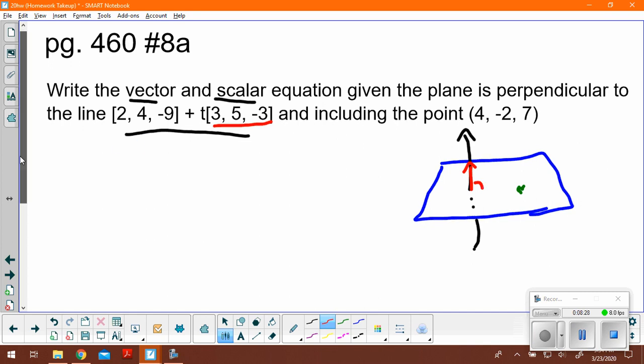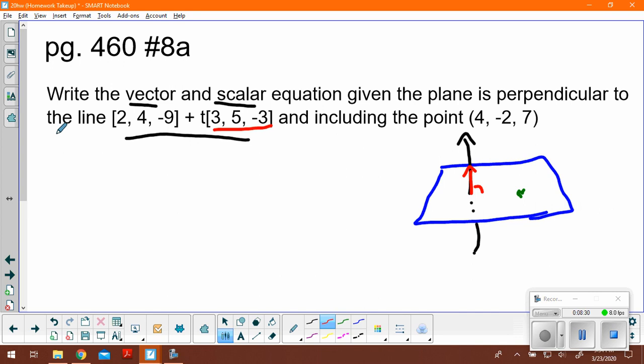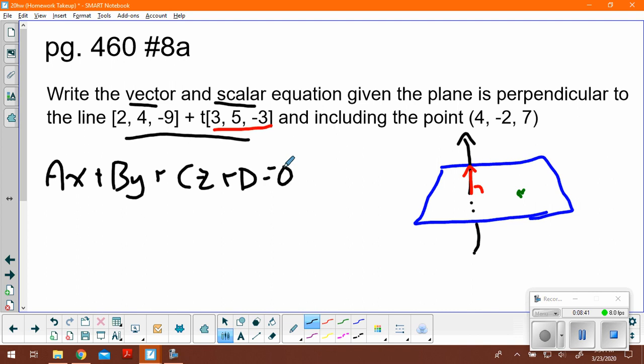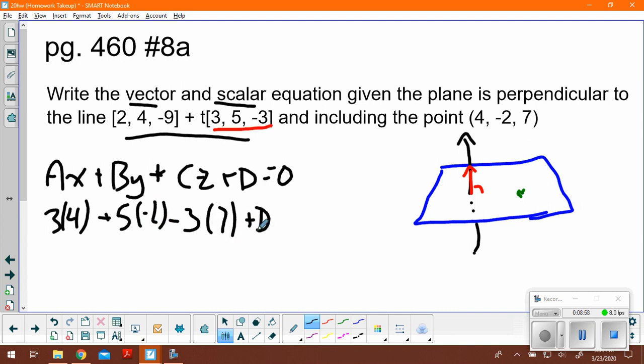Once again, we have ax plus by plus cz plus d equals 0. My normal is 3, 5, -3, and my point is 4, -2, 7.